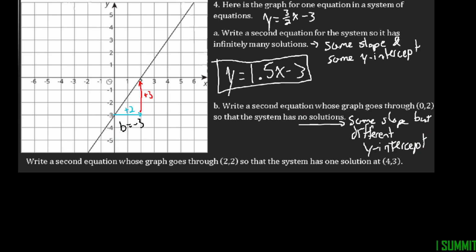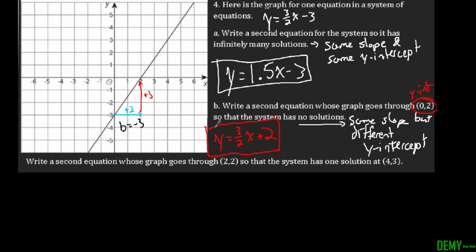So let's do a little bit different one. I'm going to say it's going to be y equals, let's say 3/2 times x, but let's have a different y-intercept. Well, it says it has to go through the 0, 2, so that's its y-intercept right there. So we're going to say it's +2. So our equation is going to be y equals 3/2 times x plus 2.